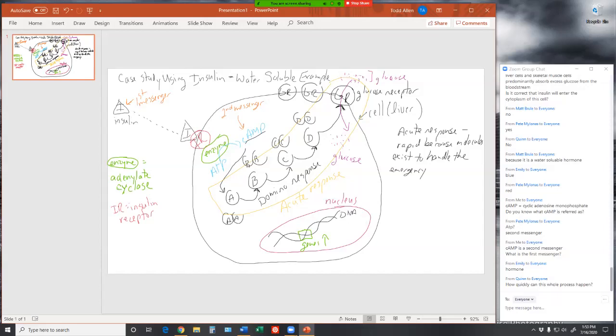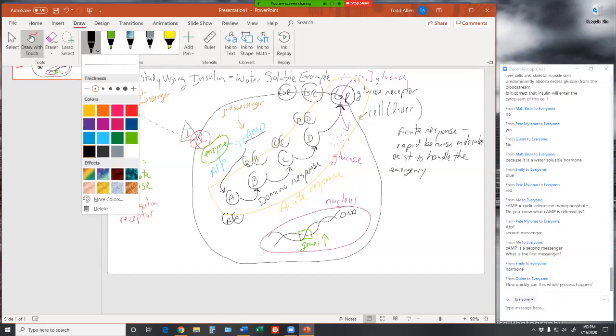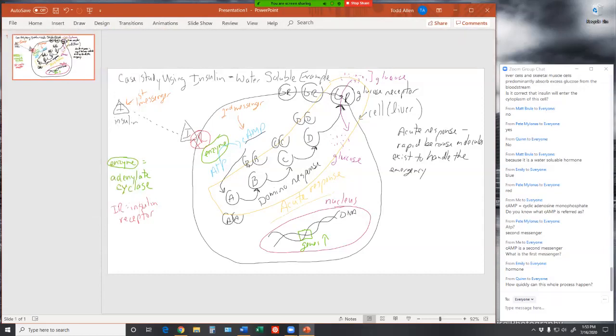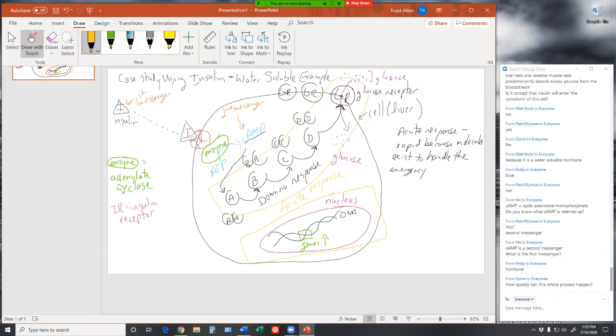The responses that have to take place in the nucleus, because the genes are being activated and new molecules have to be manufactured, will then influence the behavior of that cell over many, many days to weeks to potentially years, depending on what we're talking about. This is your chronic response, gang. This is where the chronic adaptation takes place.